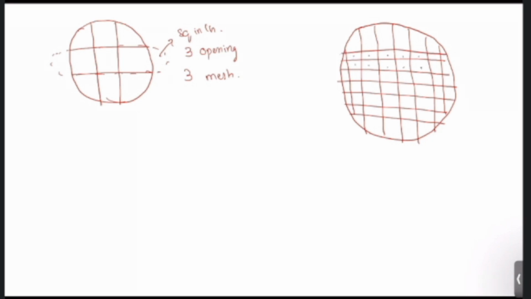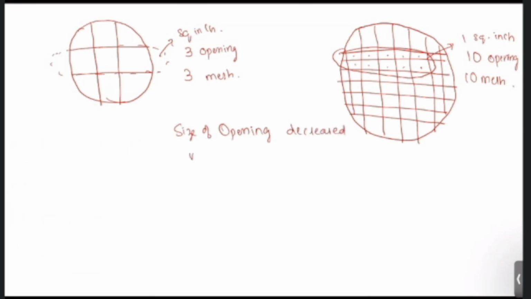So let us say this area is 1 square inch and there are 10 openings for a 10 mesh. So clearly what you can see here is that when we are looking at the 10 mesh, the size of the opening decreased.